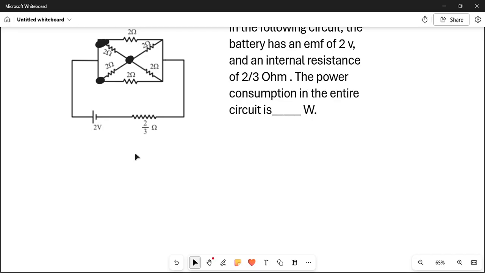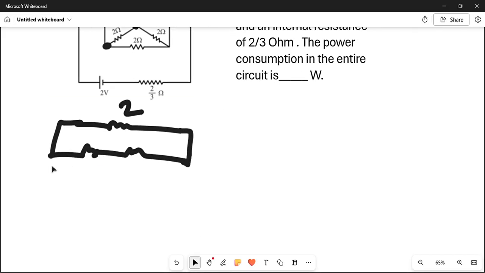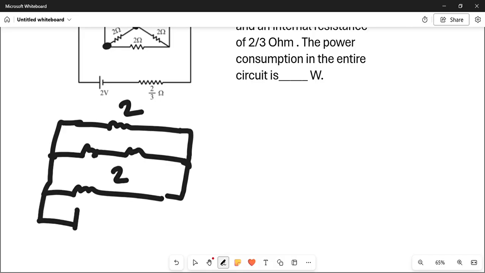Okay, so this is 2, and this is 2 obviously, and there is the battery, and the internal resistance of the battery is 2 by 3.